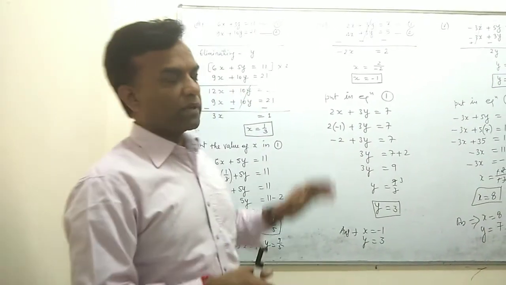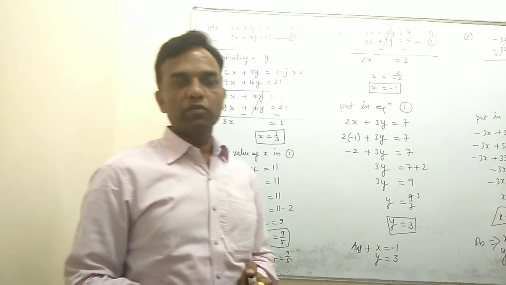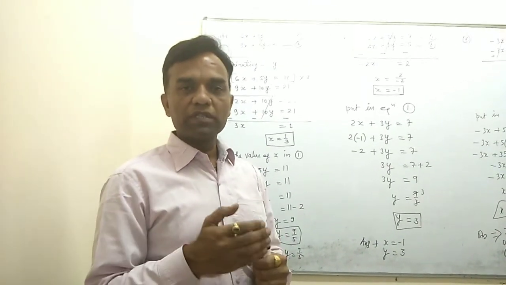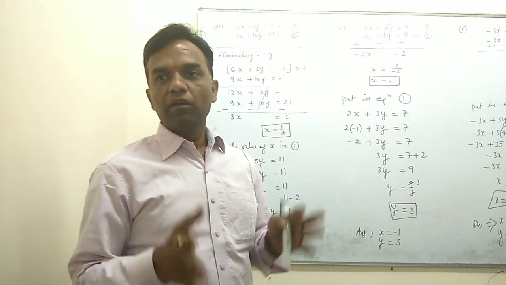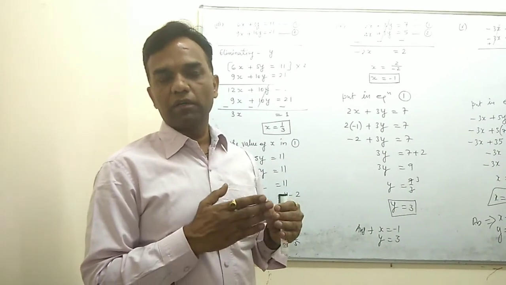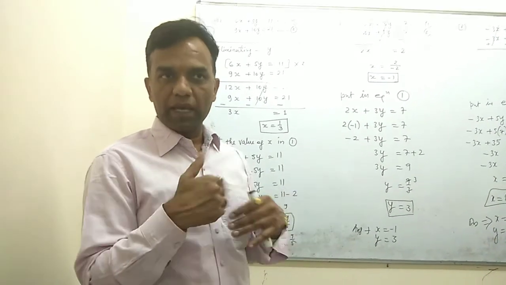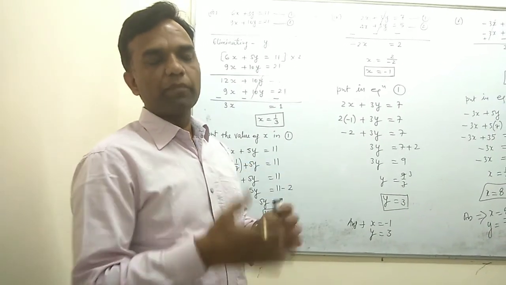And one thing is very different in these questions. It is not compulsory that you first eliminate variable x or y, and then for the coefficients you always do the cross multiply. That is not compulsory. First you see the condition of the coefficients. If the outer side numbers may be multiplied and then they are the same, then you always multiply the outer number and then you make the same coefficients.